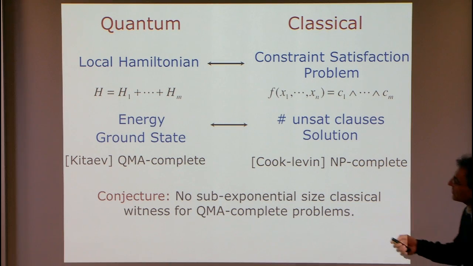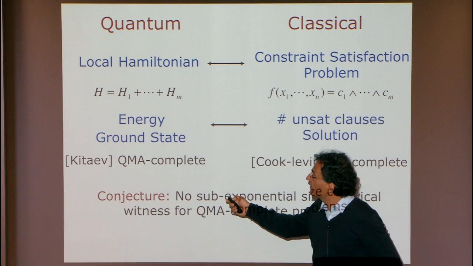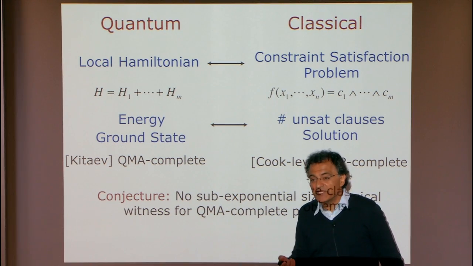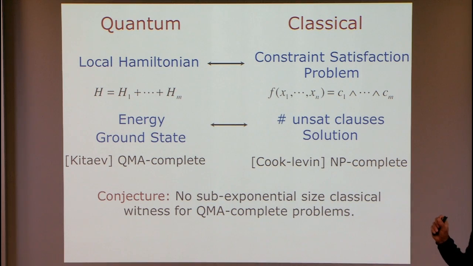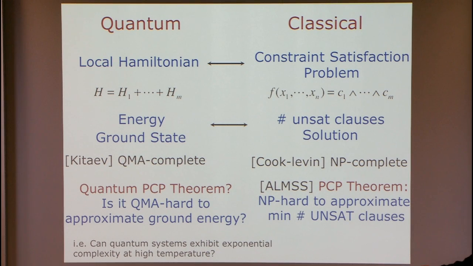What does this mean? So what it says is, if I give you a local Hamiltonian, and I ask you to figure out what the ground energy of this local Hamiltonian is, this is a pretty hard problem. But in fact, this QMA completeness is telling us that it's hard in an even more extreme sense.